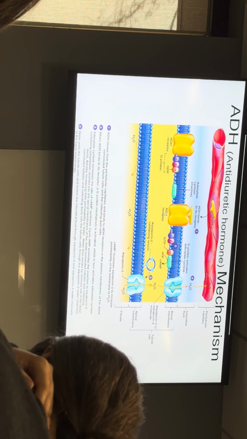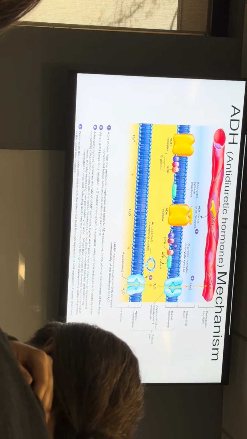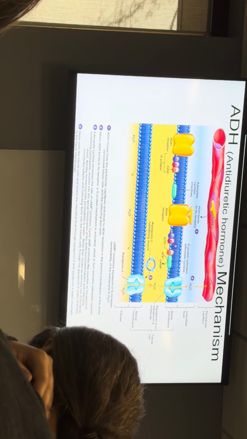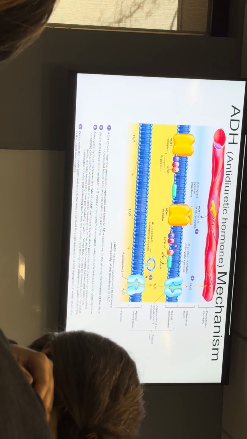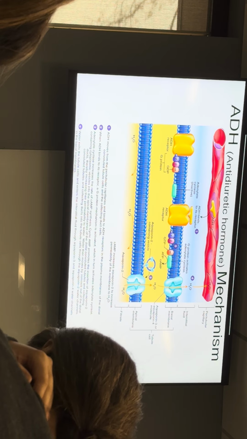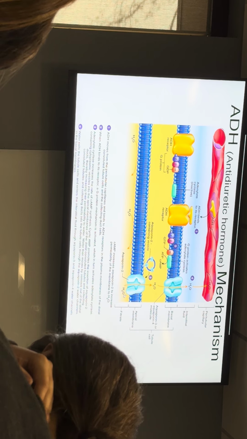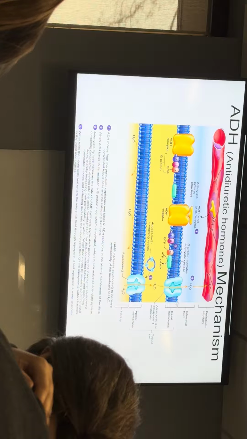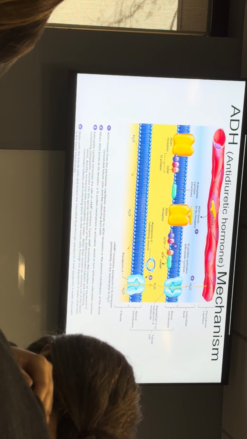And that all happens within fractions of a second. And then what it causes is vesicles that already exist, that already have aquaporin 2 molecules in them, to fuse with the cell membrane facing the filtrate. That's the apical membrane. The basal membrane facing your interstitial space by your capillaries always has aquaporin 3 or 4 molecules.